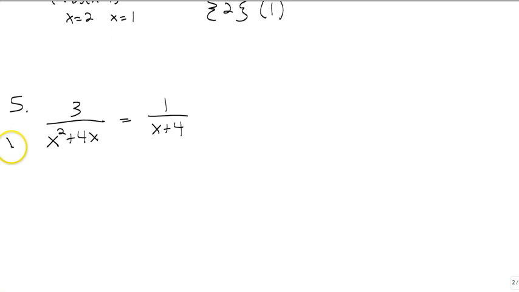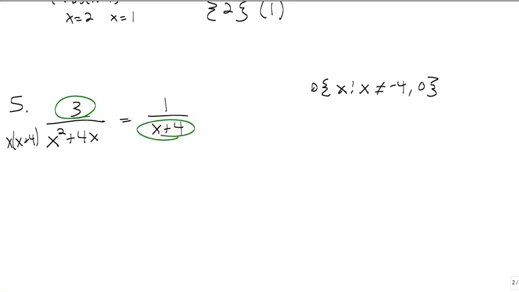Down here, this is the same thing as x times x plus 4. So my domain restriction, I'm going to just do over here so I have it. X value such that x cannot be negative 4 or 0 again. Cross multiply, this distributes into that. This stays the same. I get x squared plus 4x is equal to 3x plus 12. Move over everything.